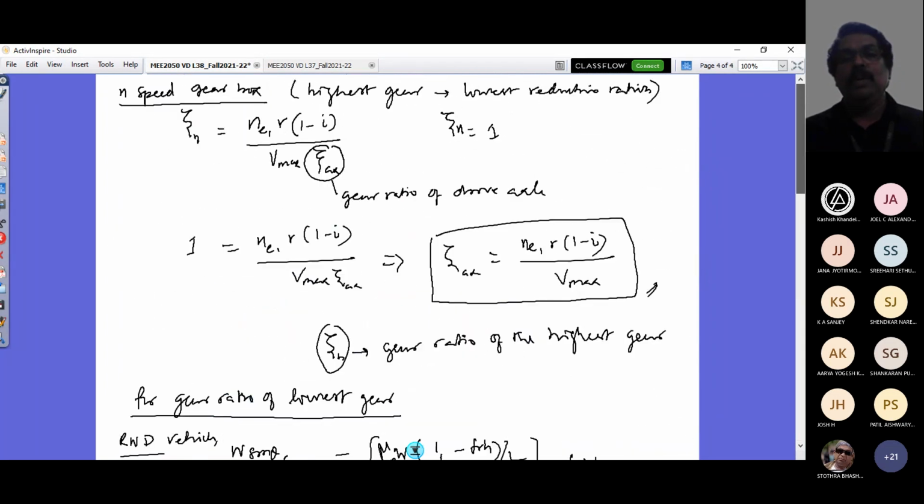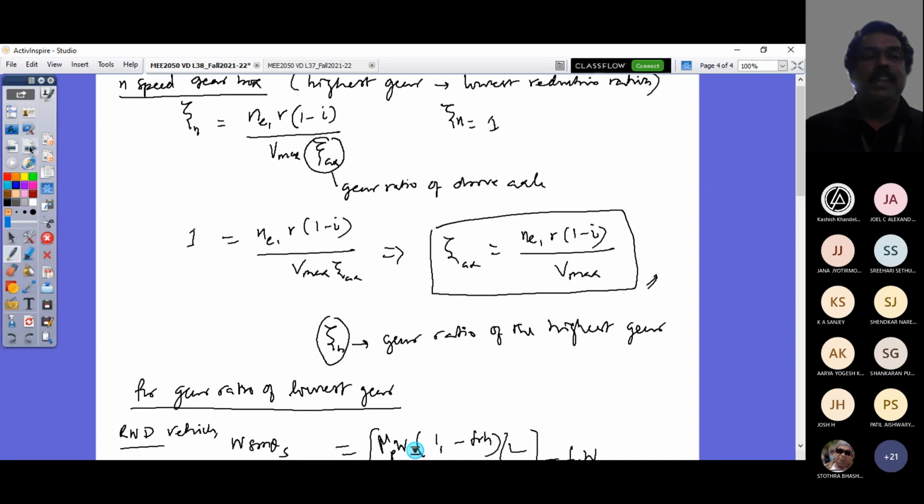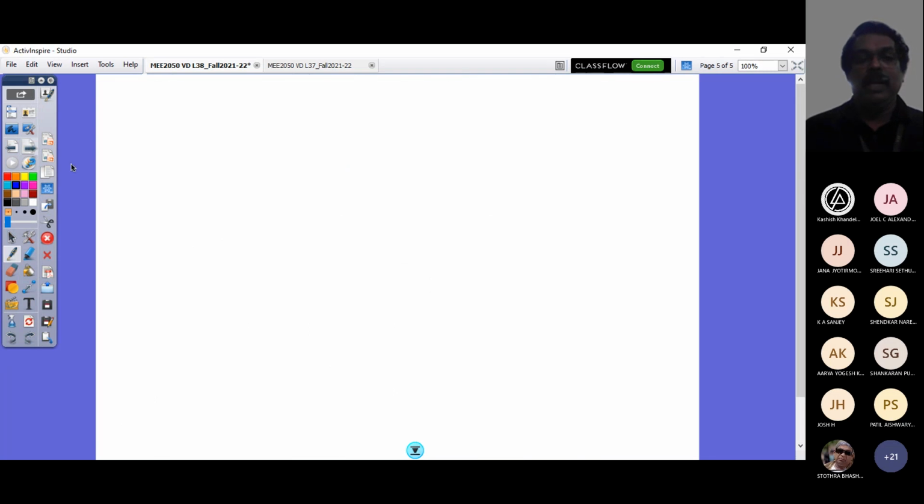Let me now put up some of the gearbox data, a table for a passenger car and a table for a truck, to conclude today's class, to look at how those speeds are obtained. Let us look at these tables. I'll get it from the textbook for you now.